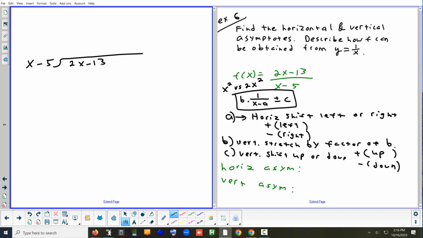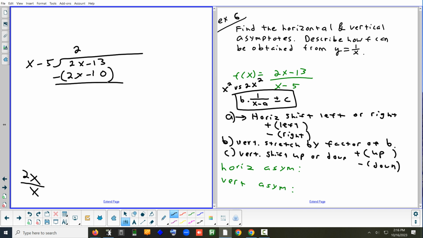Okay. First thing we have to do is divide x into 2x. What do you get when you divide x into 2x? 2. Yeah, you get a 2. Now multiply it back out. What's 2 times x? 2x. And what's 2 times negative 5? Negative 10.